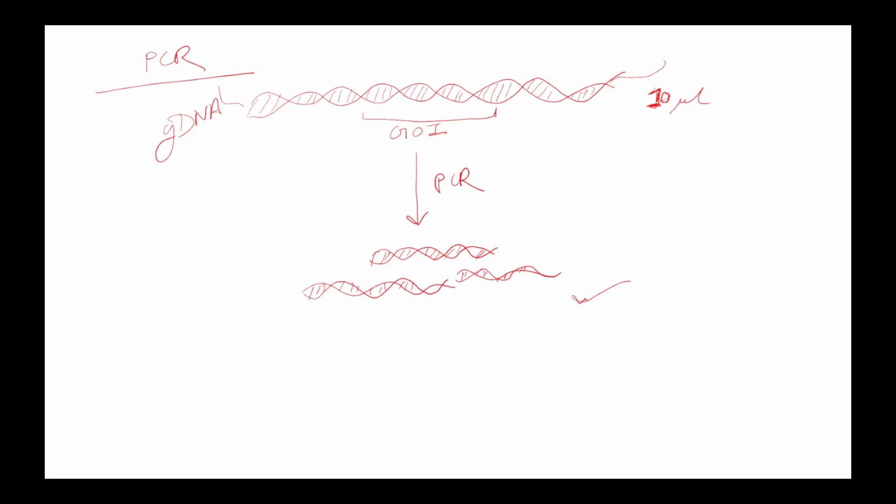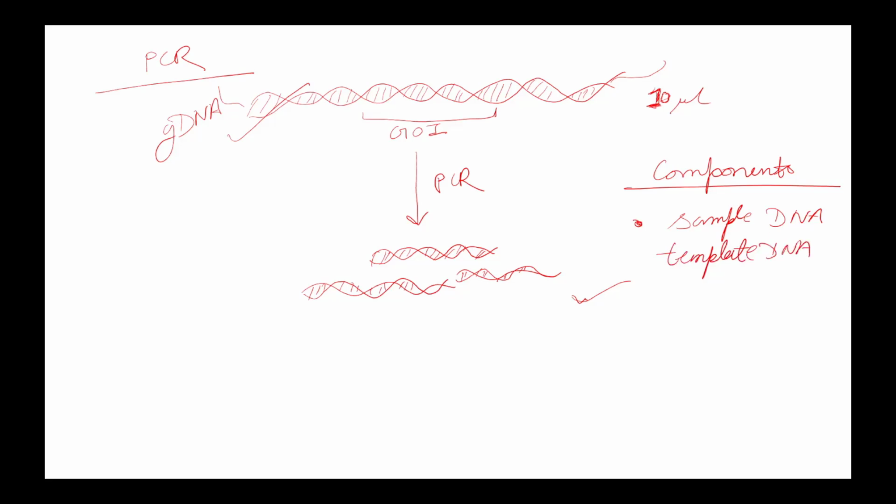So that is why you use PCR reactions. Let's first talk about what are the components that you require to carry out the PCR. The components of PCR: the very first thing that you should have is the sample DNA, or I would say the template DNA.